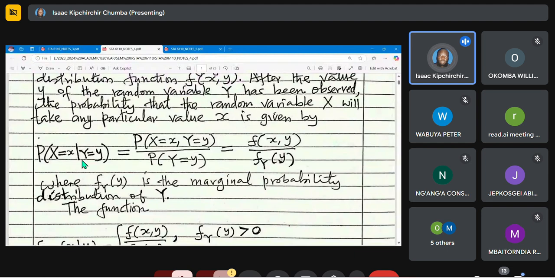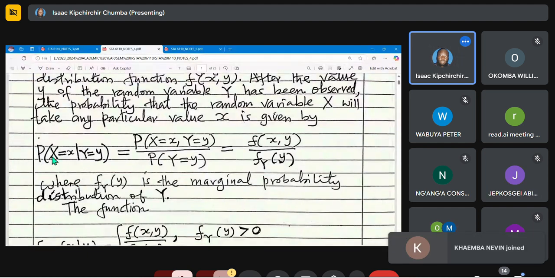So you can see it is actually a conditional probability. On the left-hand side, we are saying the probability that the random variable x takes the value small x, given that, so it is conditional, given that random variable y has assumed the lowercase y. This is a conditional probability.